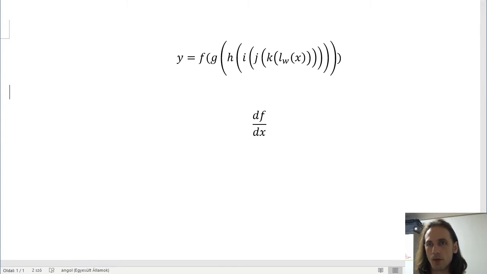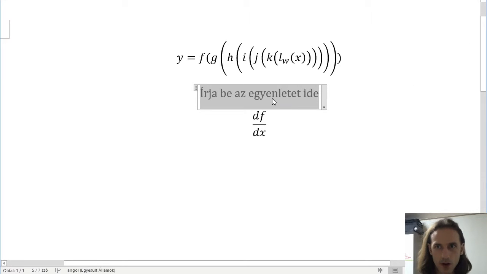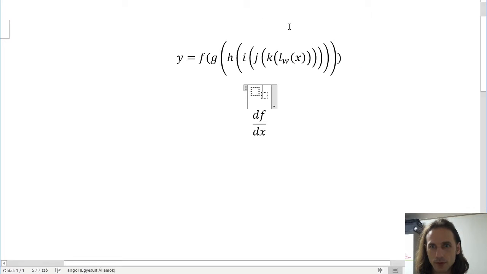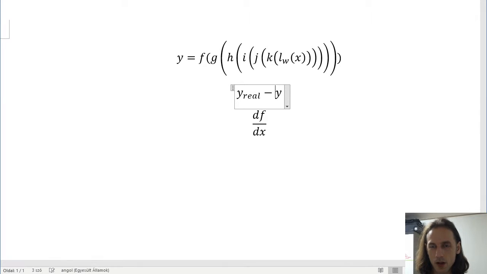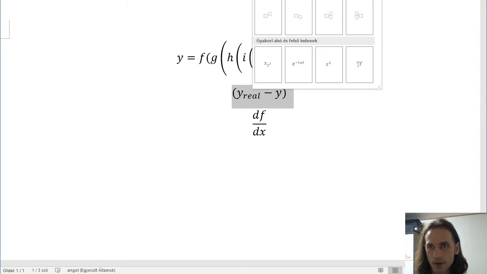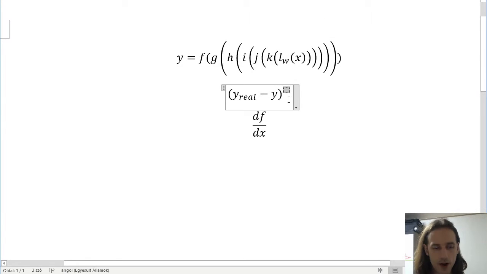So I have the real y value and what I calculated, and usually we can take the square.